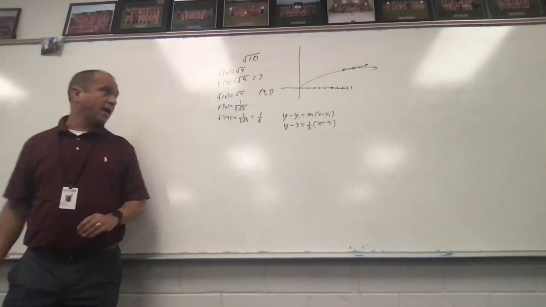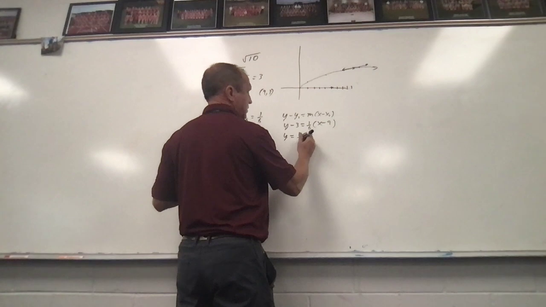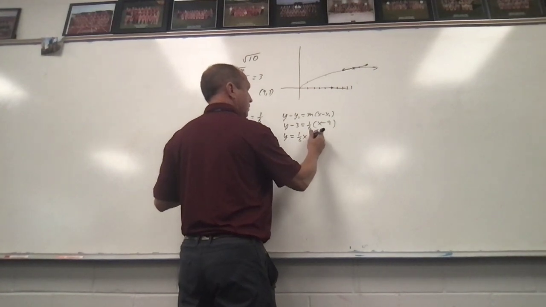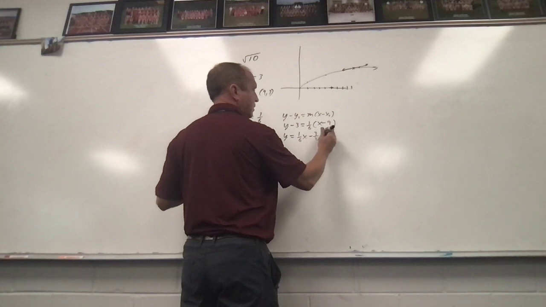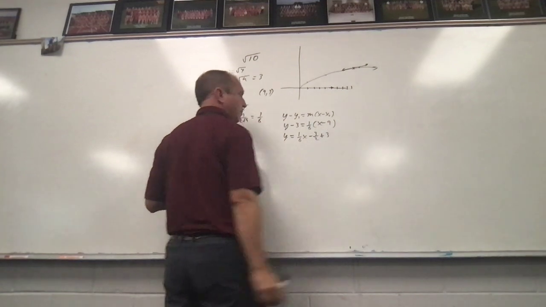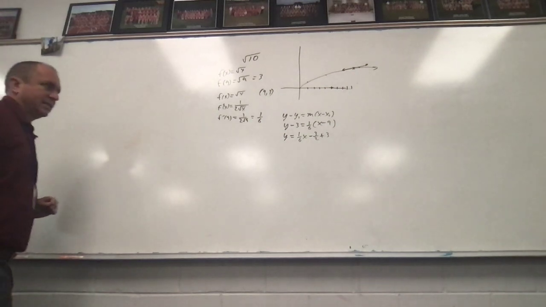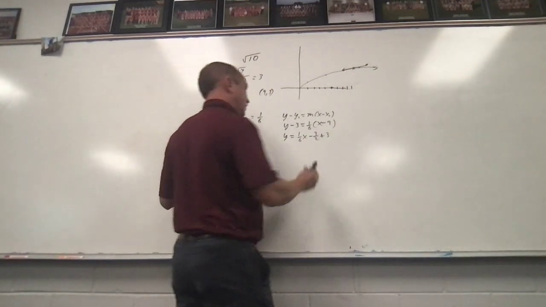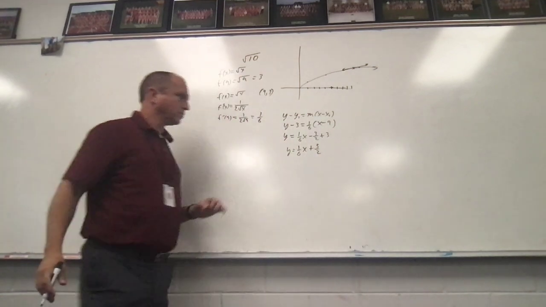So based on that, I get that y is equal to 1/6 x minus 9/6, which I'll call 3/2, and then plus 3. And 3 is 6/2. So I get y equals 1/6 x plus 3/2.